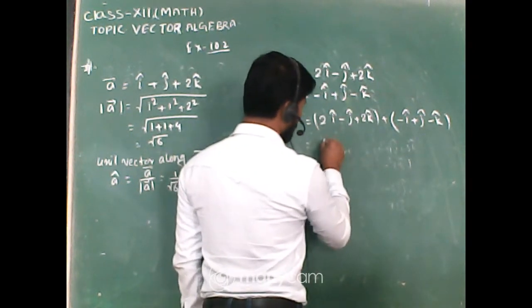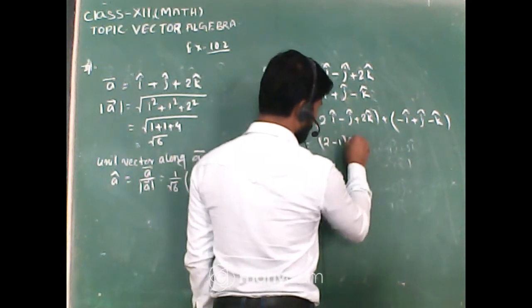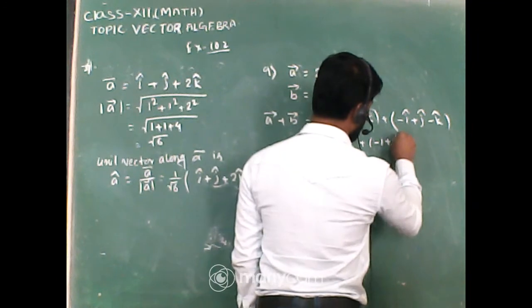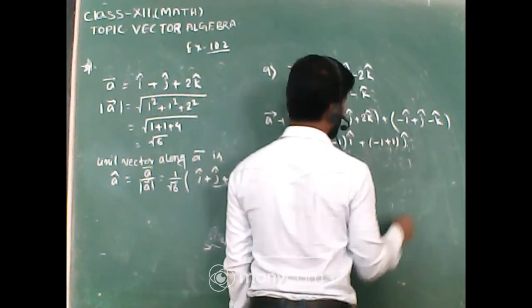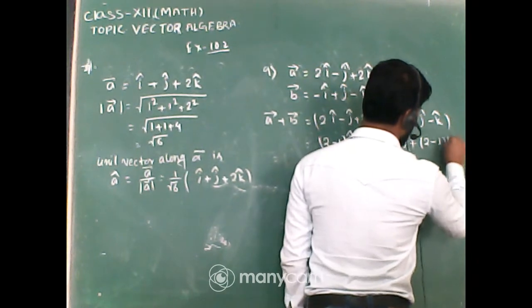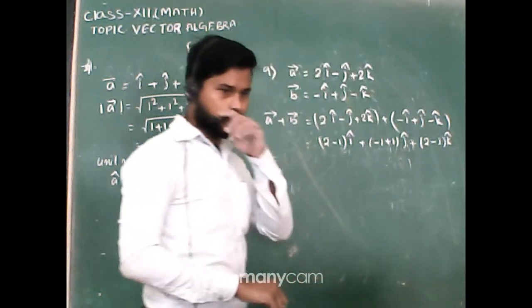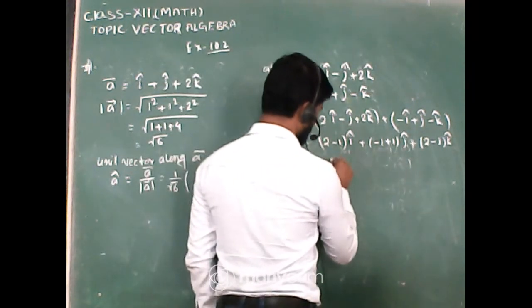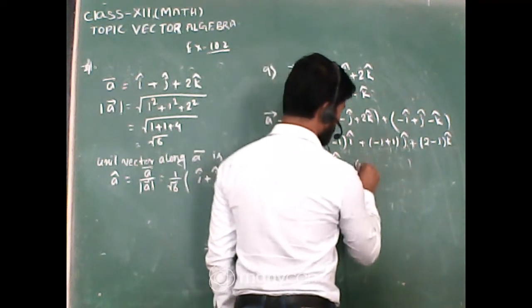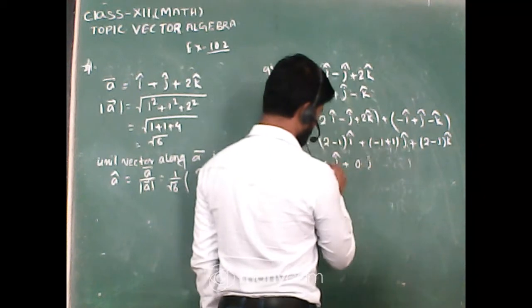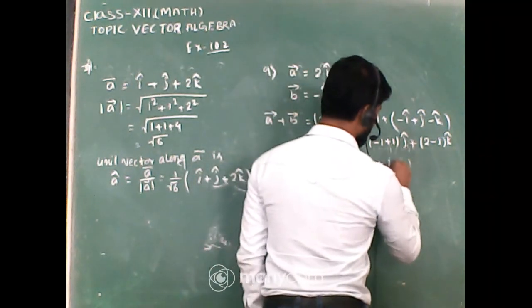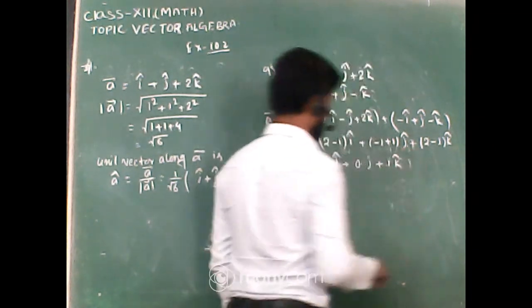That means 2 minus 1, i, plus minus 1 plus 1, j, plus 2 minus 1, k hat. Which is equal to 1i means i, this is 0j, and this is 1k.